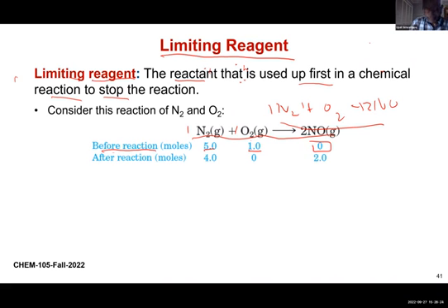If you look at this, can you see nitrogen is in excess, like hamburger buns? This is used up first. After the reaction it is 0. That's the limiting reactant. The limiting reactant is the one reactant used up first. Therefore, this is the excess. This is limited.